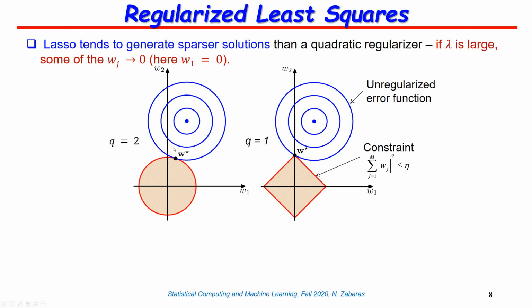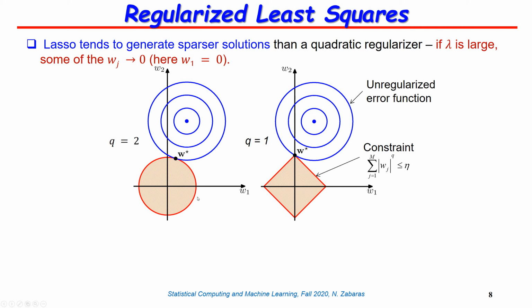And I remind you the contours of that error function, which also resulted from a Gaussian likelihood, are circles. So you want to find a point on this circle that at the same time satisfies the constraints, either for the quadratic regularizer or for this Lasso regularizer.